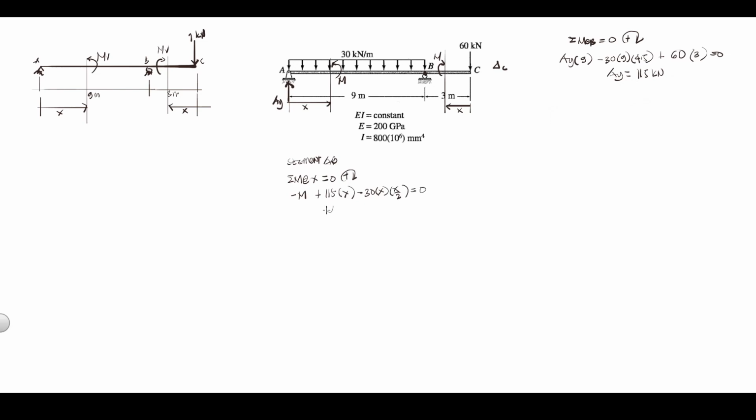So, our M here is equal to 115X, and then negative 15X squared.